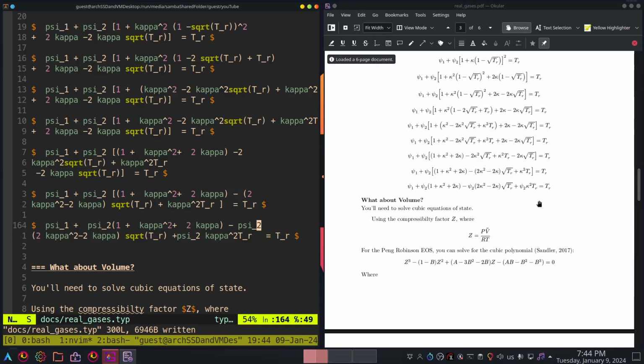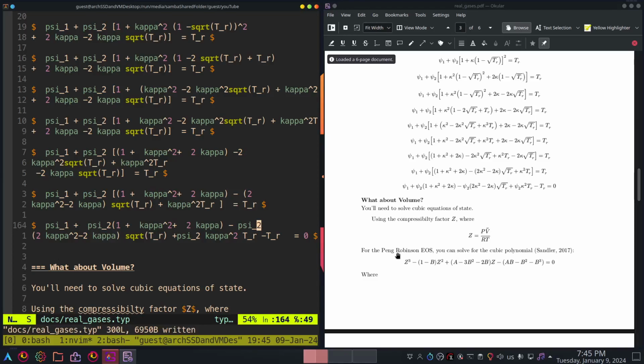Okay, last but not least, let me bring TR over. I'll have a minus TR here, and the right-hand side will be 0.